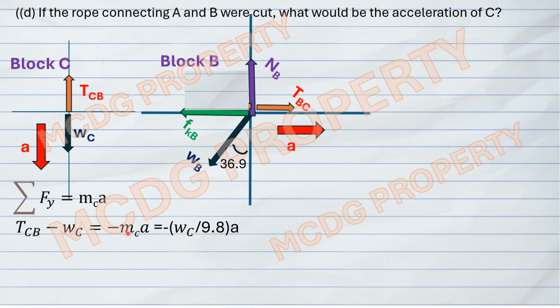It's negative because the acceleration is downward, and on our convention, downward is negative.